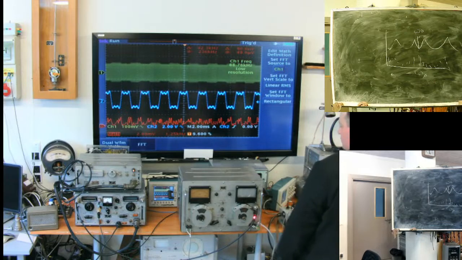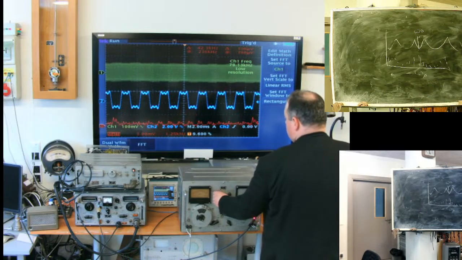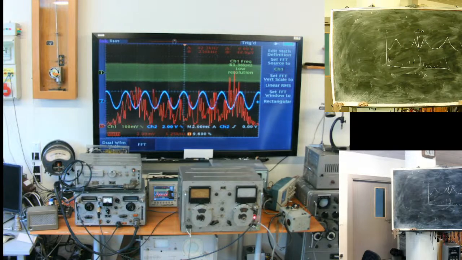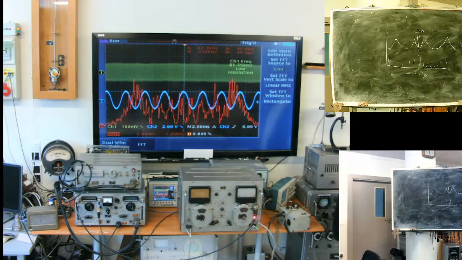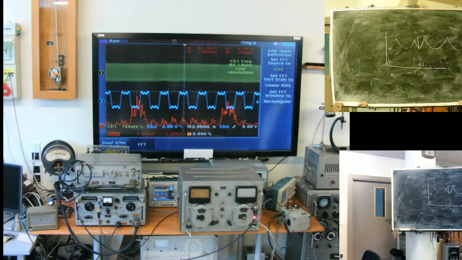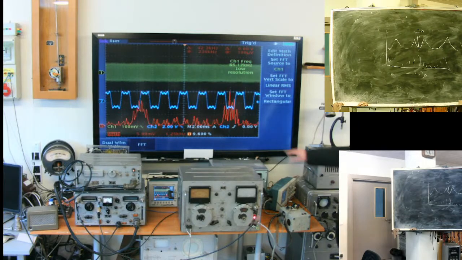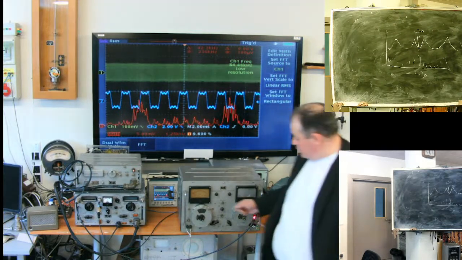Wow. And this is frequency modulated signal. Without modulation, it is a pure sine, adding third and fifth harmonics. These are spectrums of the signal.